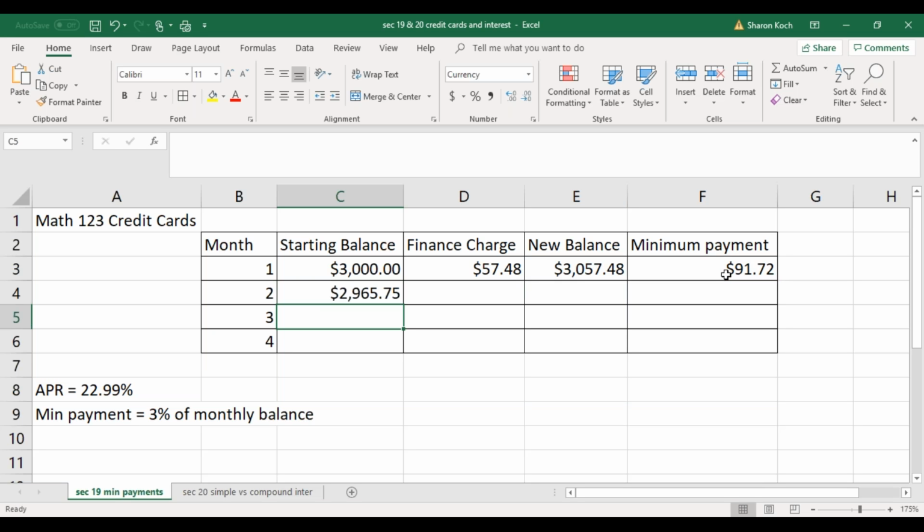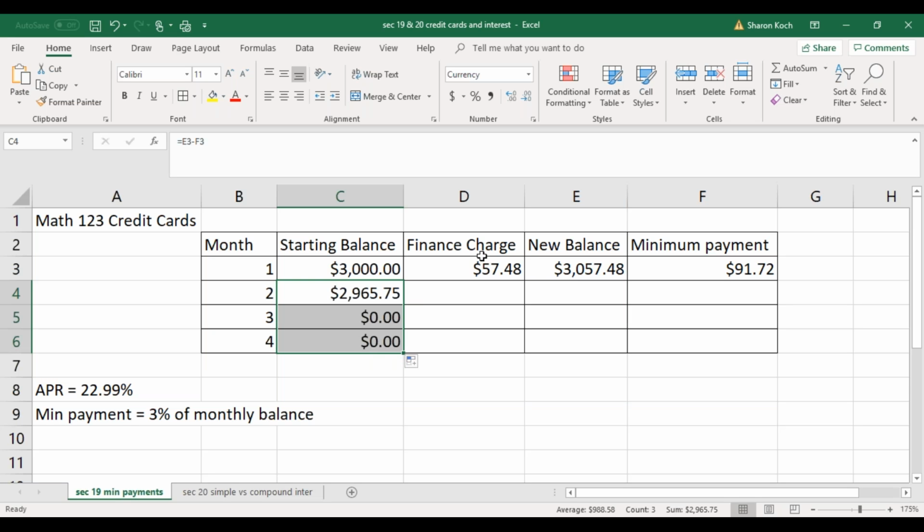Now, once I've set all this up, I don't have to put any more formulas in. I'm done putting in formulas. Now all I'm going to do is use the drag function. So I'm going to come over here, click on this box, and come to the lower right-hand corner until I see that little black plus sign, and I'm going to drag it. Now notice there's just some zeros here.